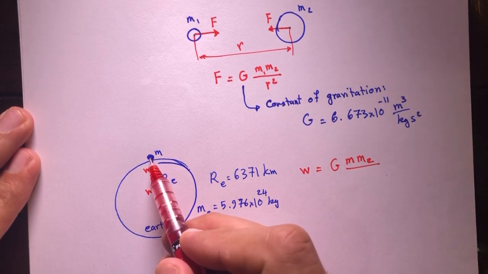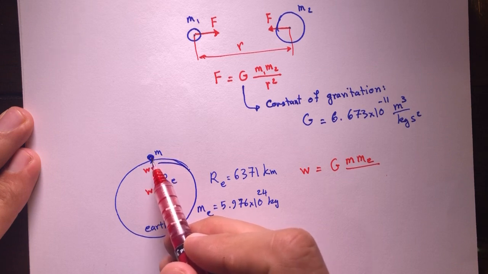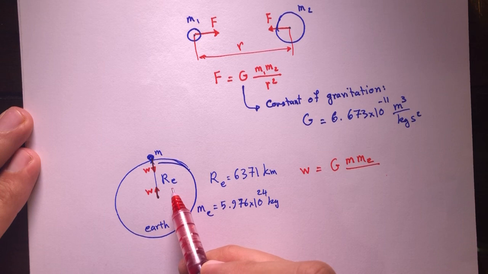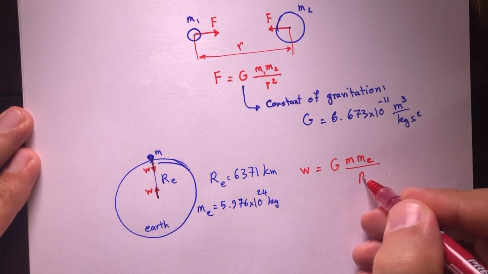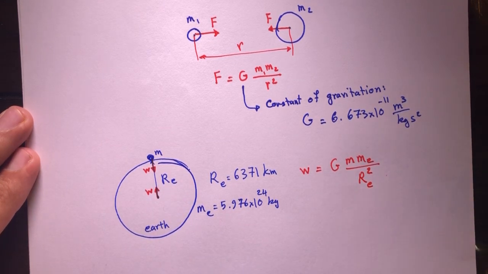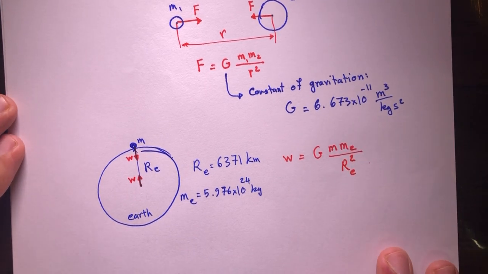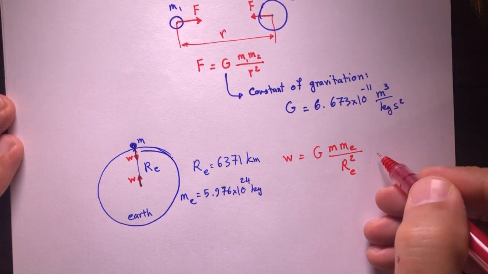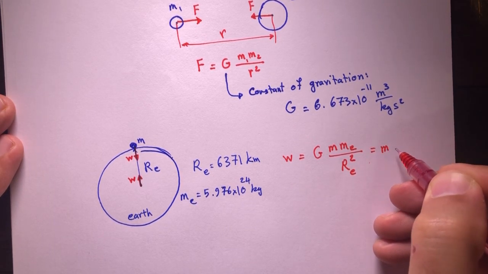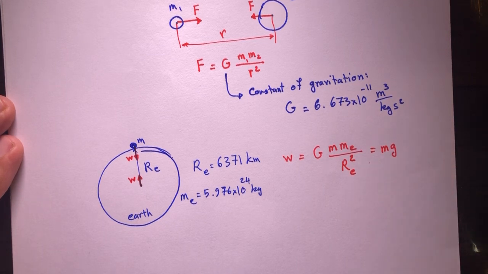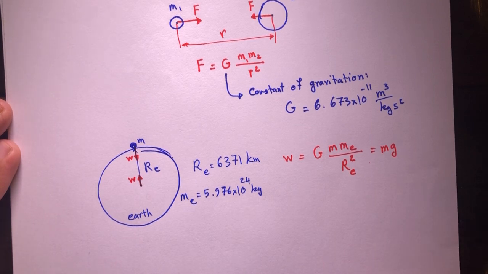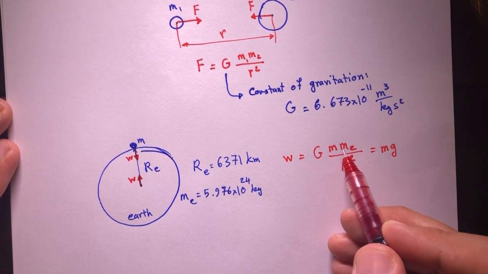If the distance of this particle is just a little bit above the Earth, like 10 meter, 100 meter, it's going to be negligible compared to the radius of the Earth. So RE squared. And from the other side, if you remember from your high school physics, whenever you want to calculate the weight of something, you use this equation, m times g. And g, usually you consider it 9.81. That g comes from this equation.